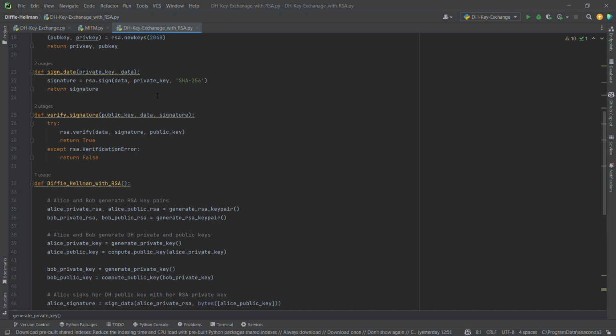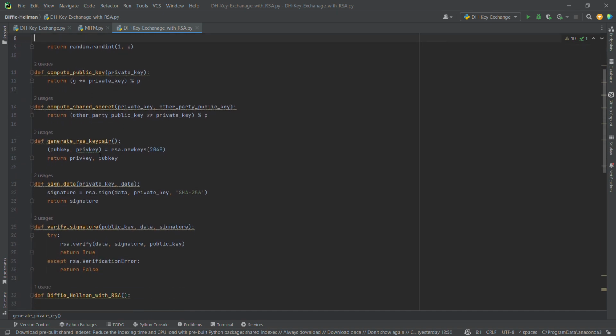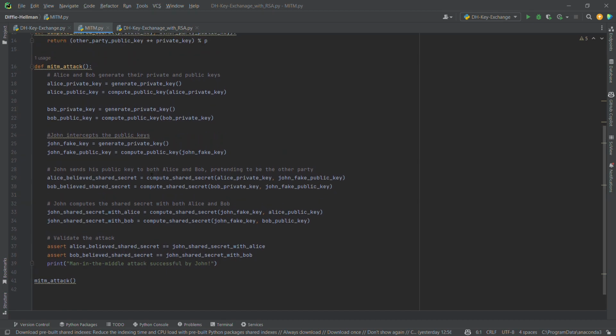And in this case, we use the public key for Diffie-Hellman key exchange as data to verify the authenticity of the public key. Remember, in this example, John pretended he's Bob or Alice and put his own public key as Bob's or Alice's public key.